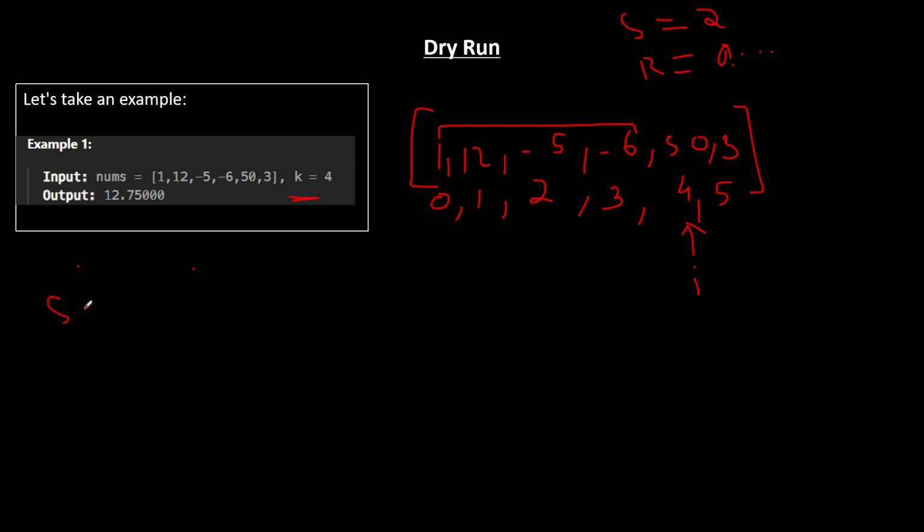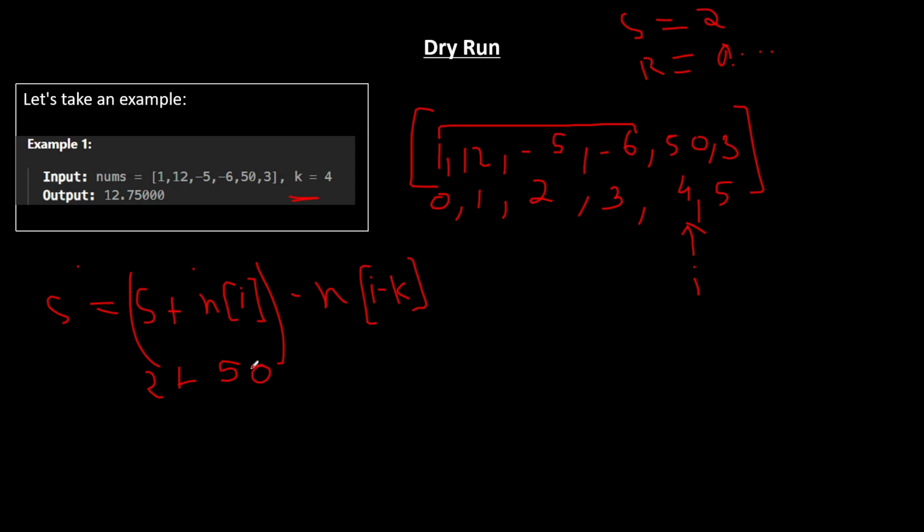S equals S plus nums of I, minus nums of I minus k. Now, S, the sum, was 2, plus nums of I, which is 50 in our case.